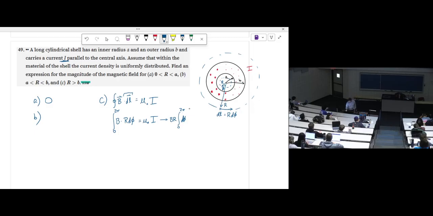But that just comes out to be 2 pi, excuse me. So I've got B times 2 pi r is equal to mu naught I, or B is equal to mu naught I over 2 pi r, which is exactly what we found when we were doing the Biot-Savart law around a long straight wire.